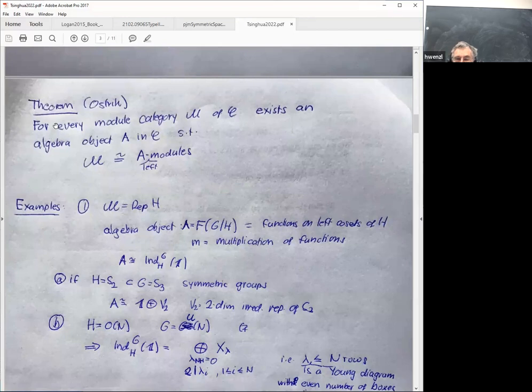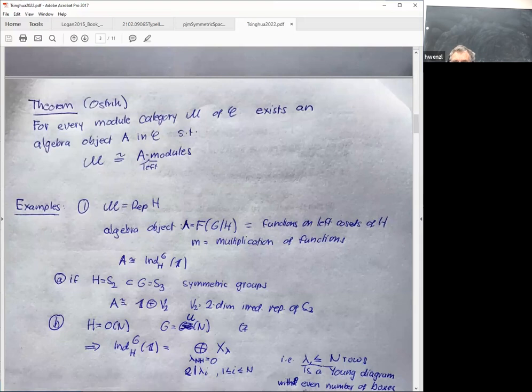So we have this theorem here: for every module category M of C there exists an algebra object A in C such that M is isomorphic to the category of A left modules. And so again, here we assume we have a right action on this. All right, so let's look at examples.